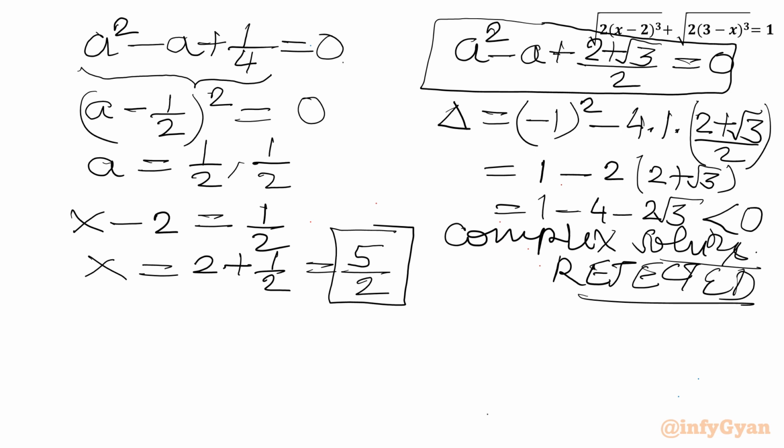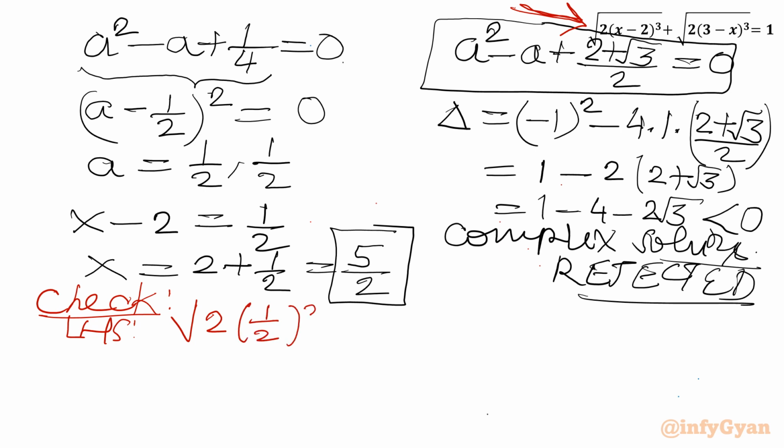Let us cross check whether it is true or not. So I will write our equation. Check LHS: square root of 2 times, in bracket, x − 2. So with x = 5/2, it is 2 and a half minus 2, so half will be there.